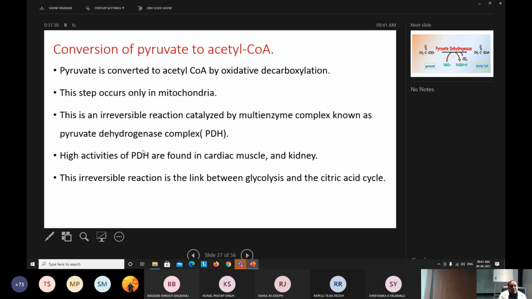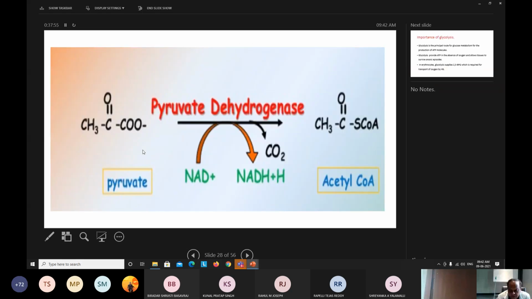I will take the PDH in the next class. High activities of PDH are found in the cardiac muscle and the kidney. It is an irreversible reaction that develops a link between glycolysis and the citric acid cycle. So the pyruvate is converted into acetyl CoA in the presence of pyruvate dehydrogenase.